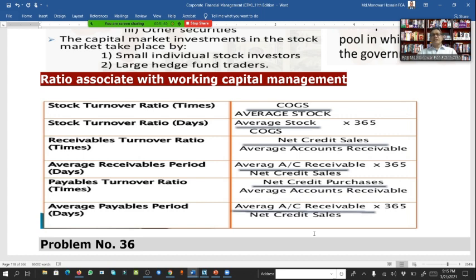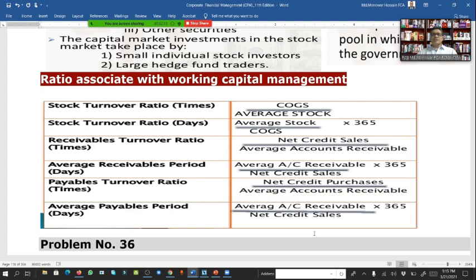Then the receivable turnover ratio also gives the result in times: net credit sales divided by average accounts receivable. The average receivable period gives us the days: average accounts receivable divided by net credit sales multiplied by 360.